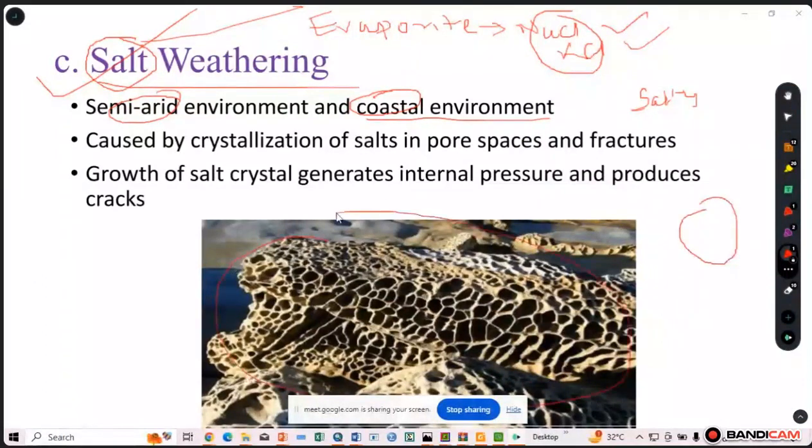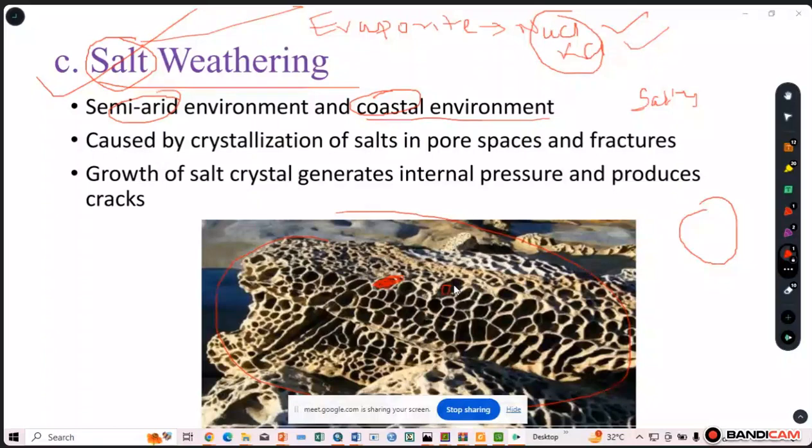When pore spaces develop in the rock, the seawater intrudes into those pore spaces. These pore spaces are filled up with seawater. When this water evaporates, the solid material deposited in those pore spaces expands, and internal pressure develops.